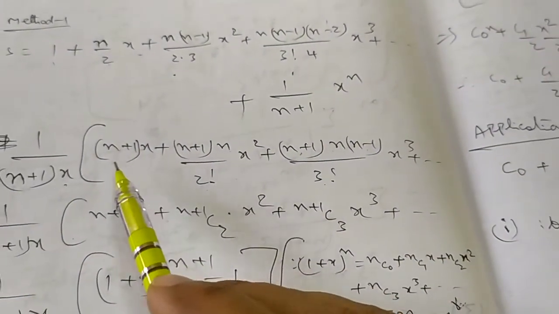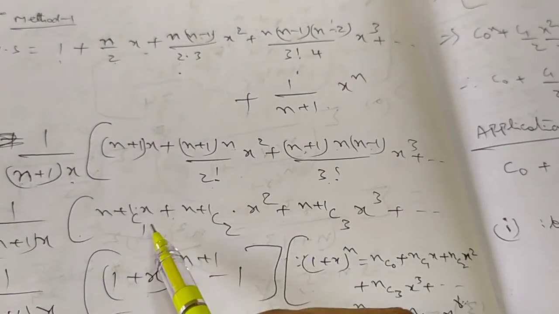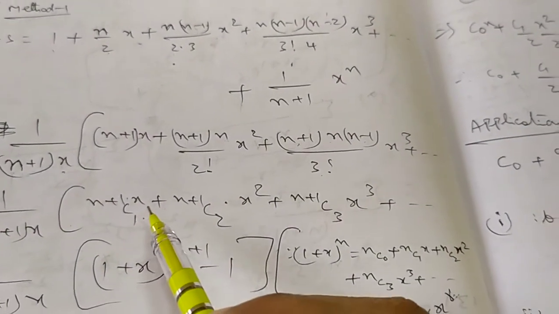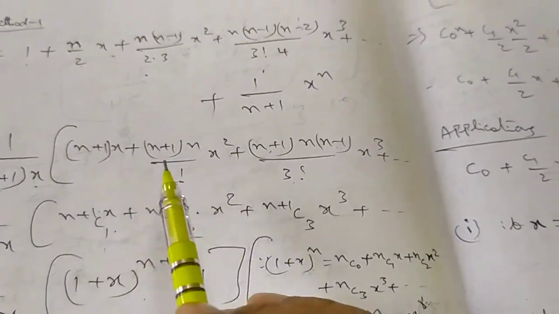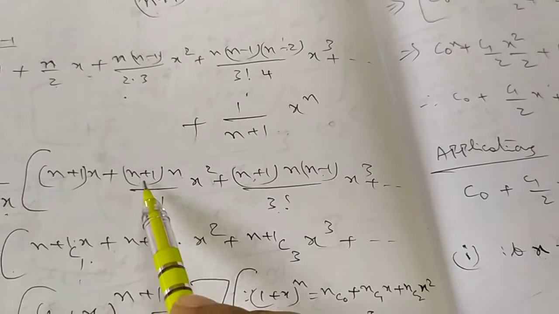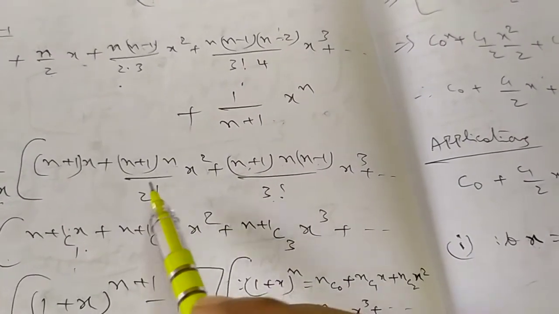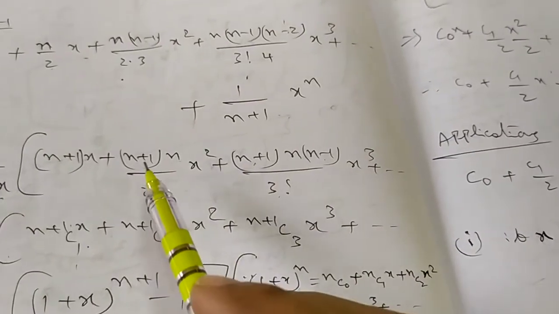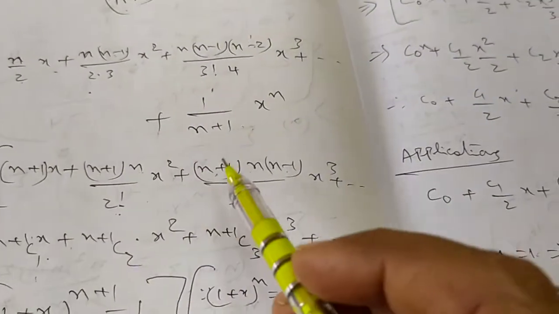Again, rewrite. n plus 1 can be replaced with n plus 1 C1. For any value of n, nC1 value is n, so n plus 1 is nothing but n plus 1 C1. Here the product of 2 consecutive factors by 2 factorial is the formula of nC2, but here in the place of n it is n plus 1. So n plus 1 C2 x square.